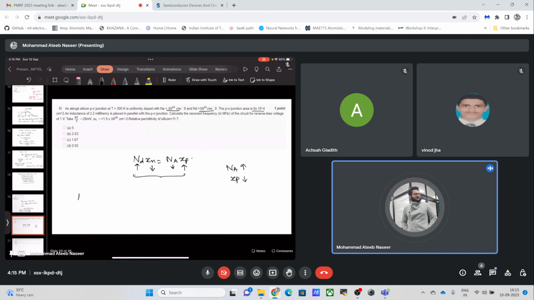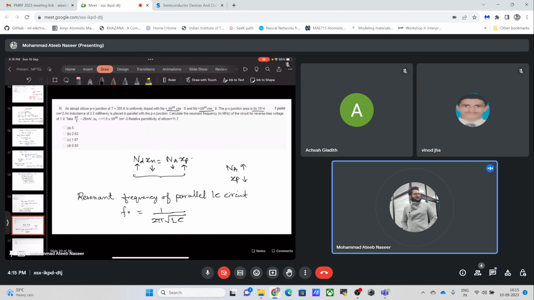For this LC circuit, the resonant frequency of a parallel LC circuit is simply given by f naught equal to 1 by 2 pi root of LC.